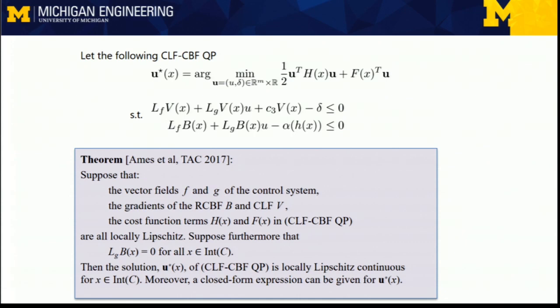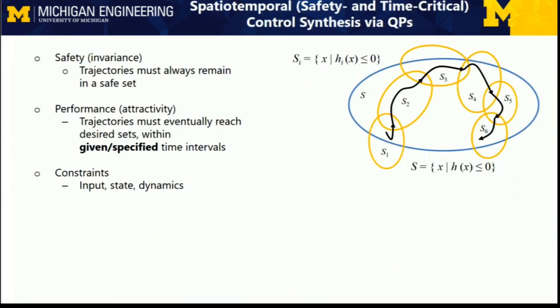Here, it's the convergence objective in the control Lyapunov function formulation with this slack variable delta. People have used this type of control barrier function formulations for many very interesting, challenging applications, bipedal robots, flying quadrotors, and so on.